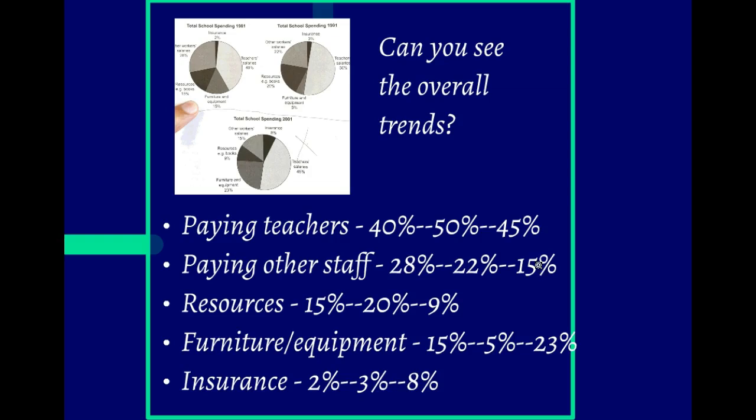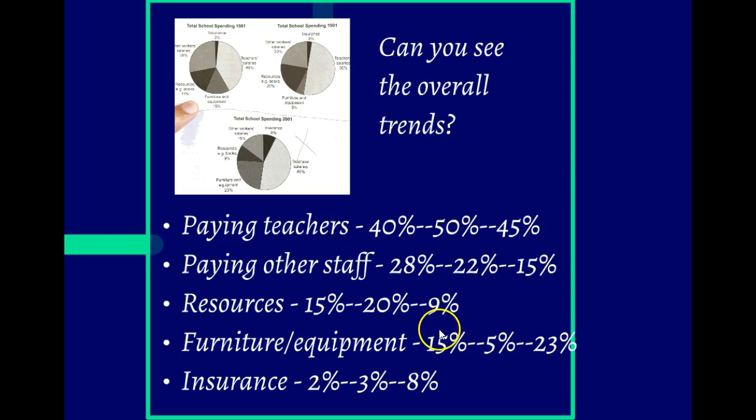Resources, especially classroom books, also went down, but with a peak in the middle. Furniture and other equipment is totally different. What happened in the middle year? Only 5%. What's the opposite of a peak? It is a dip.